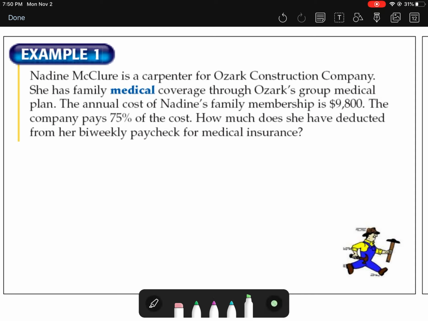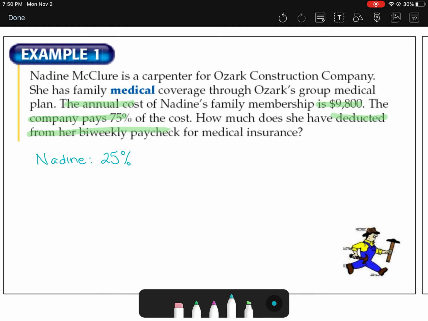Let's look at the important information here. I know the annual cost is $9,800 and her company pays 75%. I want to know how much she has deducted from her bi-weekly paycheck. If they pay 75%, that means Nadine pays 25%.